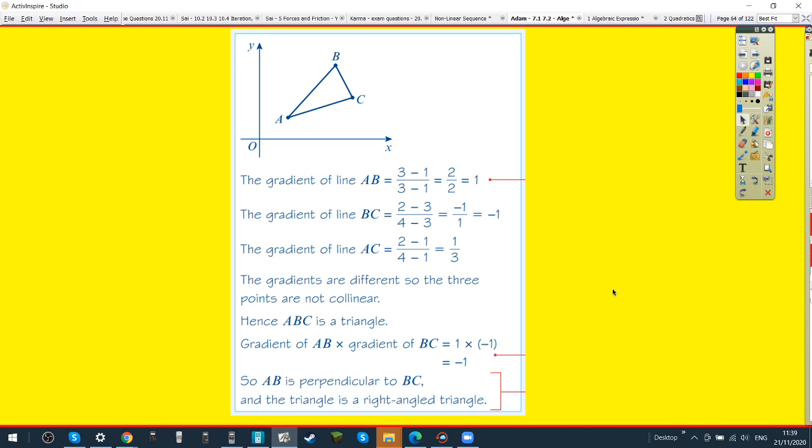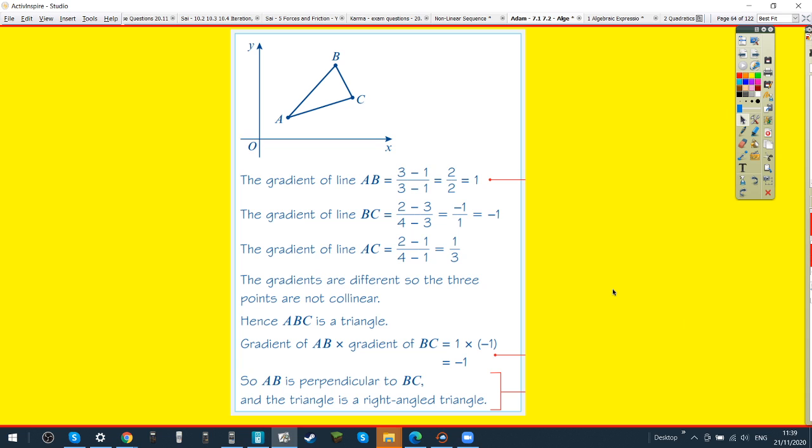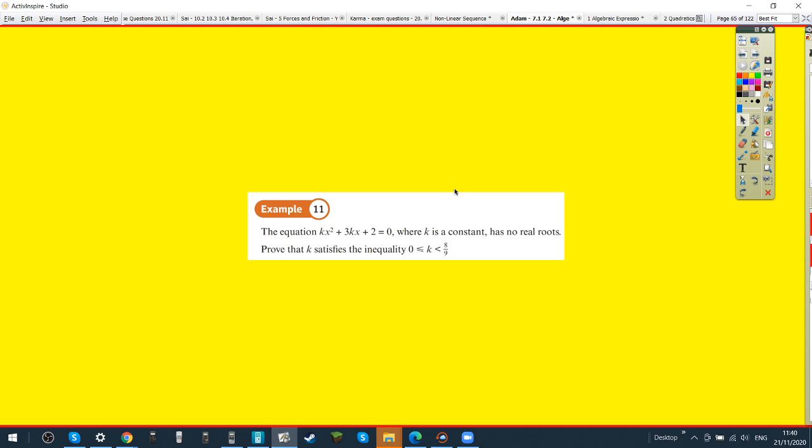It's not on the same line. So hence ABC is a triangle. I suppose they didn't tell us it's a triangle, we had to prove it. The gradients of those two multiply to make minus 1, so AB is perpendicular to BC and the triangle is right-angled. So we just had to get the gradient of the third side and show that it's different. Therefore, it is a triangle because they're not on the same straight line.